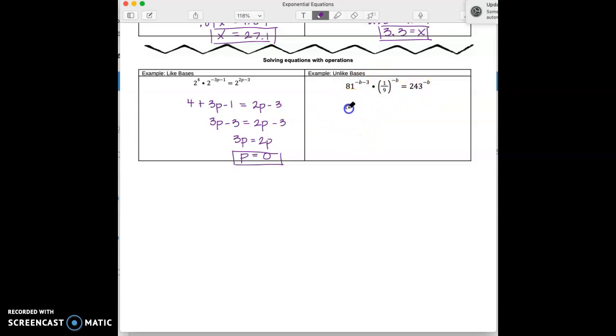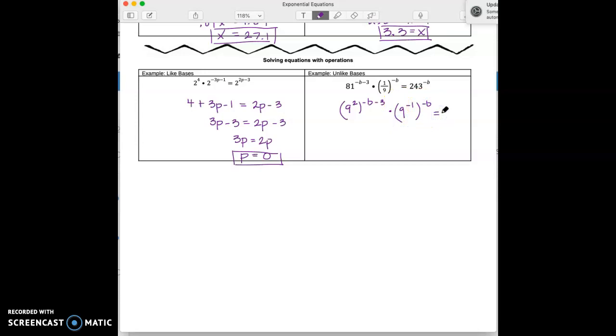Now 81 is 9 squared, right? So again, just start being able to identify that we have some powers related here. 1/9, so remember we have things with a negative exponent. We would rewrite that as 9 to the negative 1.